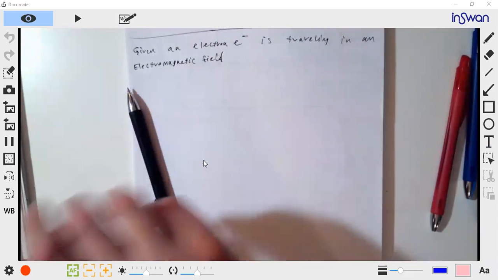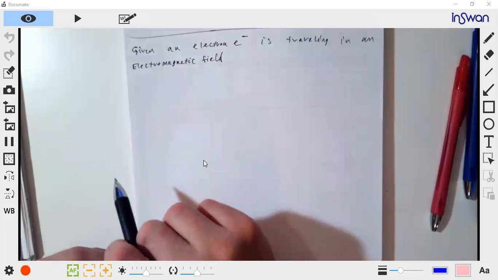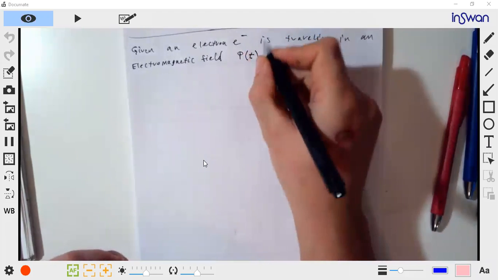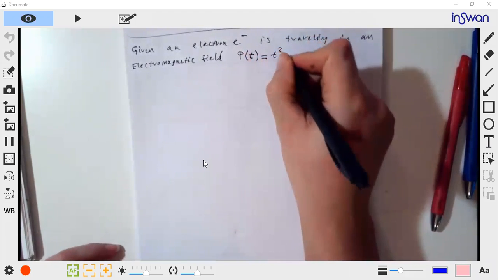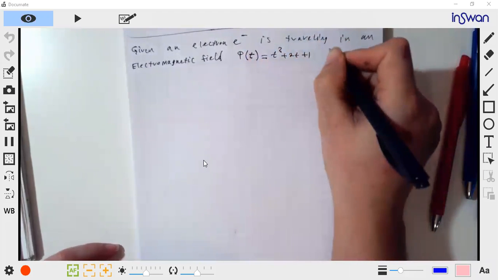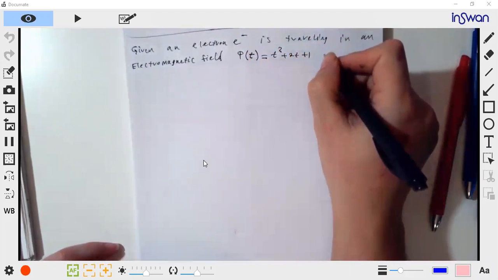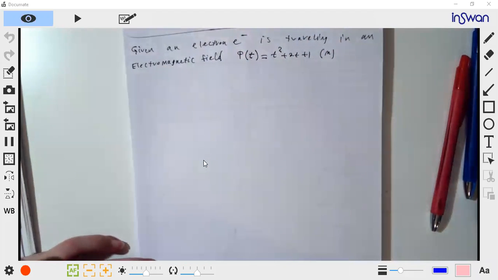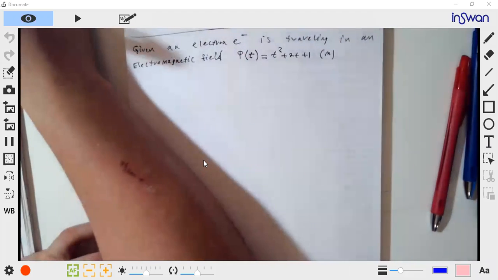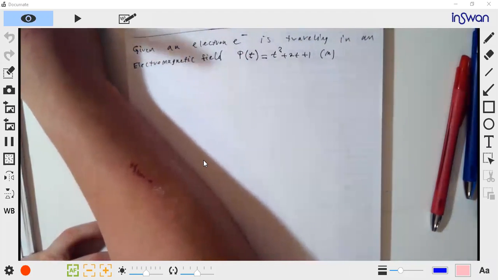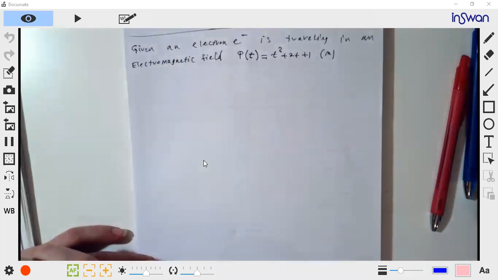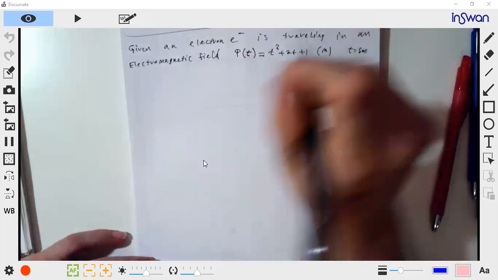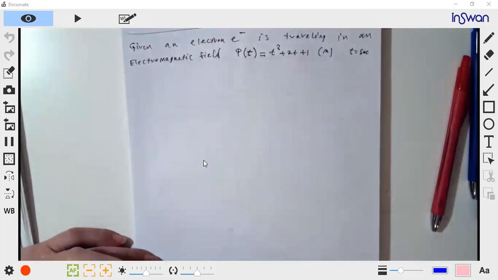And since we know that electrons in an electromagnetic field will be moving, let's say its position function as a function of time, p of t, is given by the equation t squared plus 2t plus 1, and this is in meters. Its position is a function of t, where t is equal to seconds, or time. p of t is in meters, or distance.